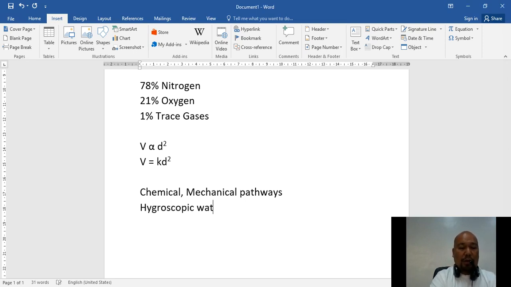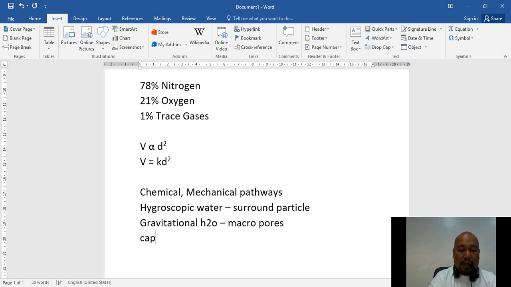Hygroscopic water, naka surround siya sa particle. Sunod, gravitational H2O, naa sa macropores.